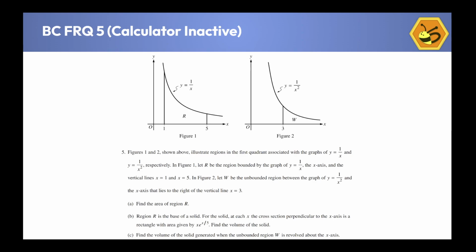This is an integration question. So the first region R is AB. But for W, it is BC because we're getting an improper integral. And for the volume of solid of revolution, I think that's still AB.